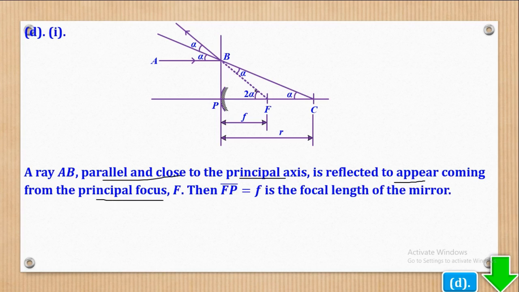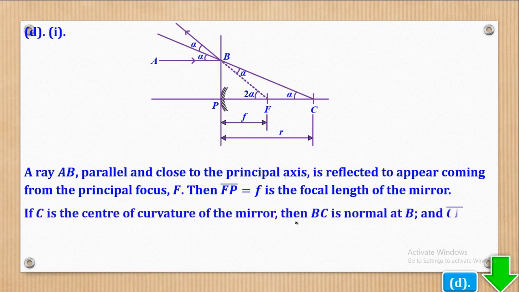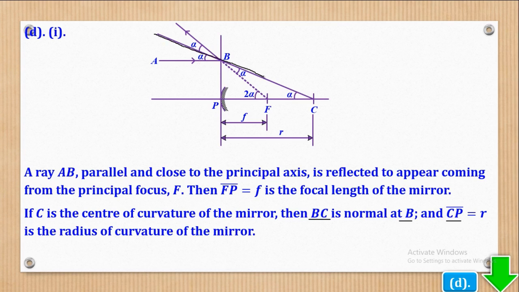As you can see here, it appears to come from this principal focus F. That means that FP is the focal length. Then if C is the center of curvature of the mirror, then BC is the normal at B, and CP is the radius of curvature, which is R. So that's what I was telling you, that this line is the normal at B.